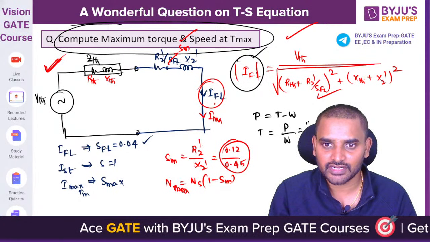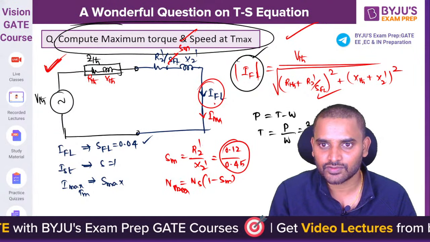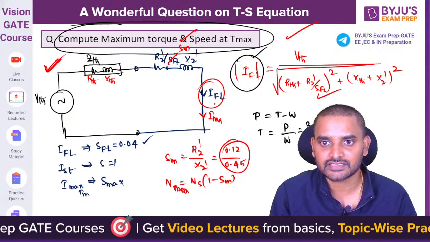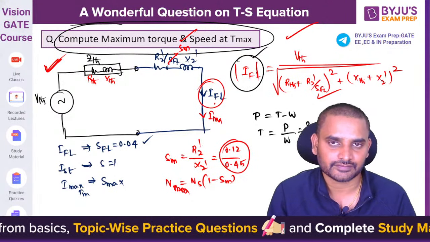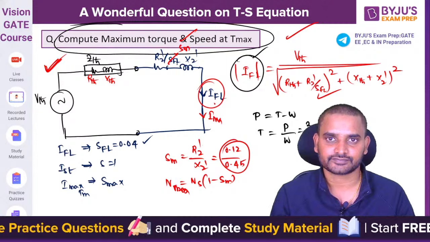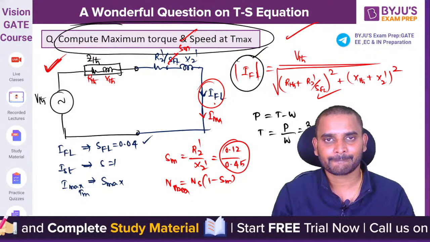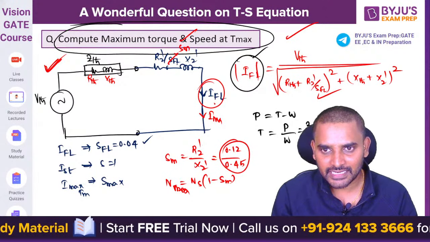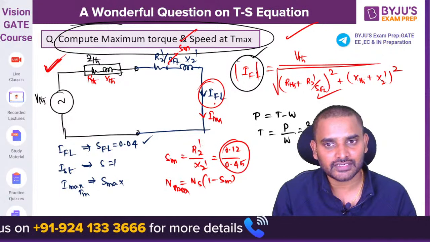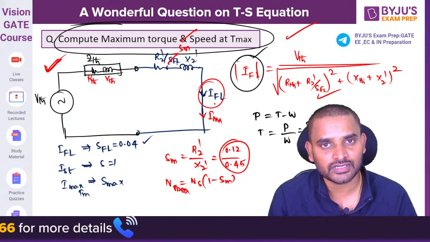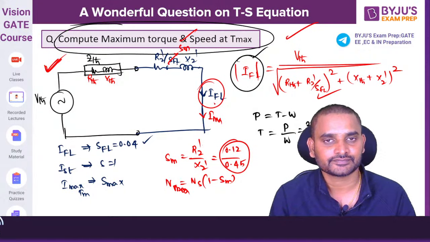You can write it as 3 times I square into R2 dash by S, if you want the power received by the machine, the rotor component. This current we are substituting. If you want full load torque, we are substituting the full load current.